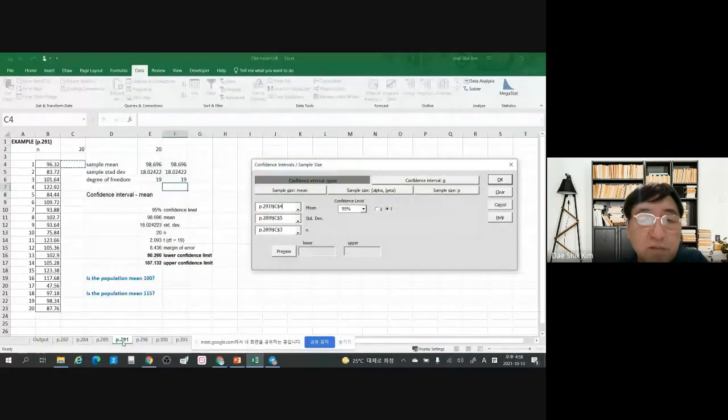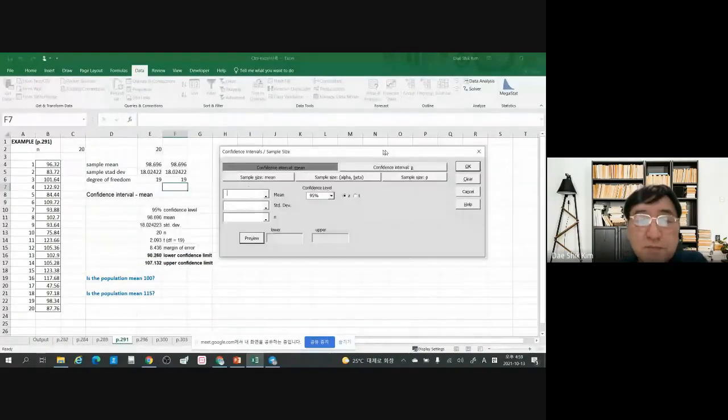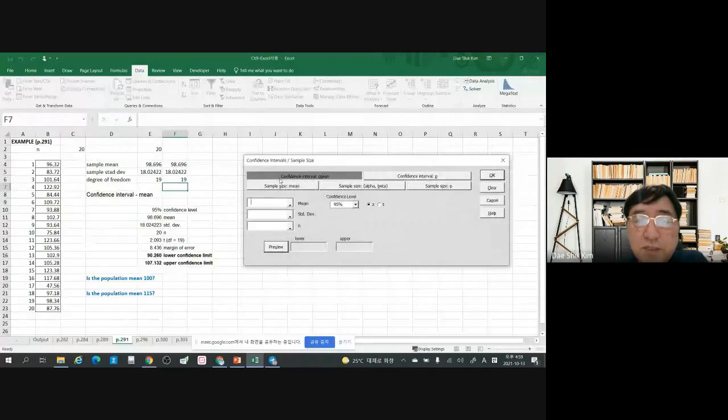When you have this one, look at Data, MegaStat, interval, and then we calculate. Wait a minute. All right, here. I will clear first. We want the confidence interval for the mean, yes. Here the mean we have calculated, and the sample standard deviation. So we cannot use the Z value. We must use the t value.